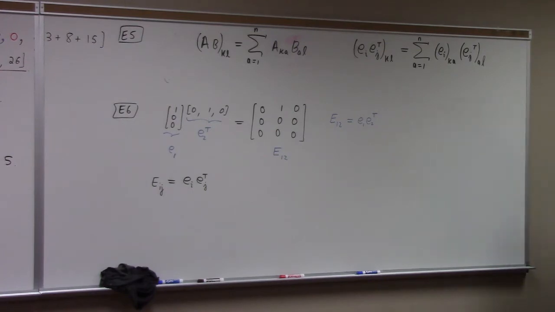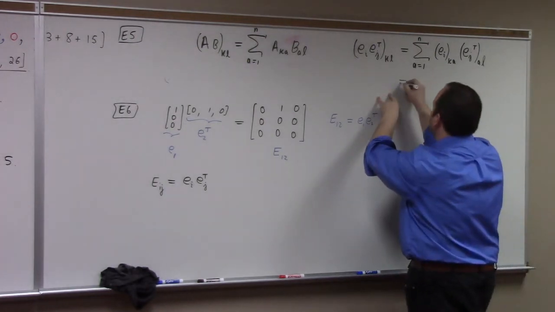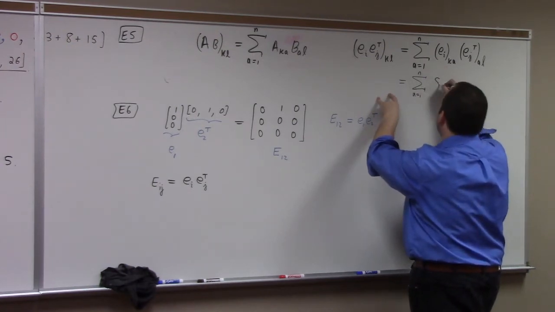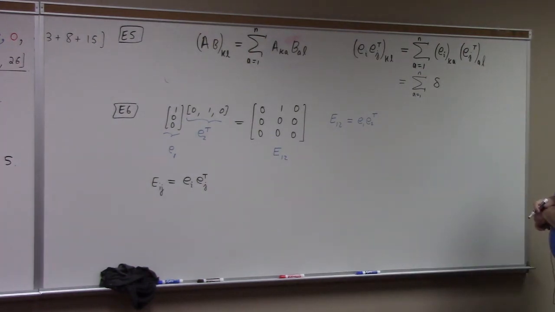Anyway, but this is just the definition of matrix multiplication in this context. And what we define this to be what? This is Kronecker delta. No, I can't write that. I've tricked myself. No, I shouldn't write that, should I?